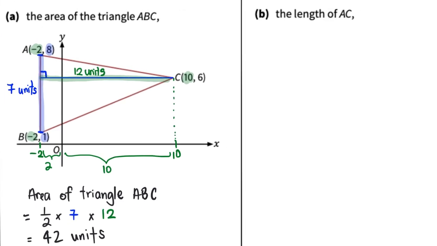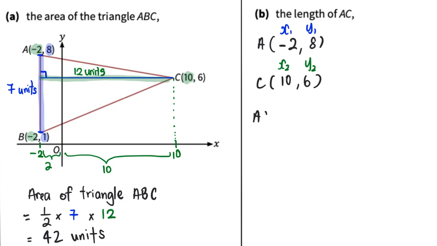Part B is pretty straightforward because we are given all the points. Remember? My point A is negative 2, 8. My point C is 10, 6. So all I have to do is simply apply my formula to find the length.